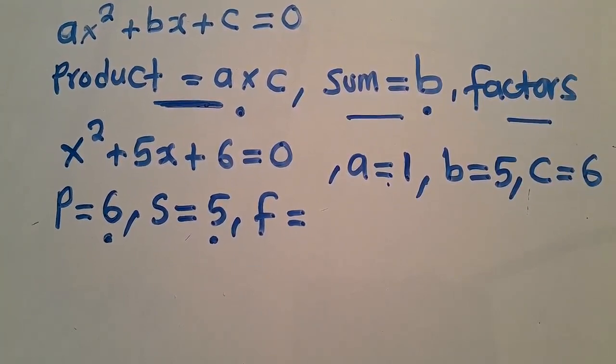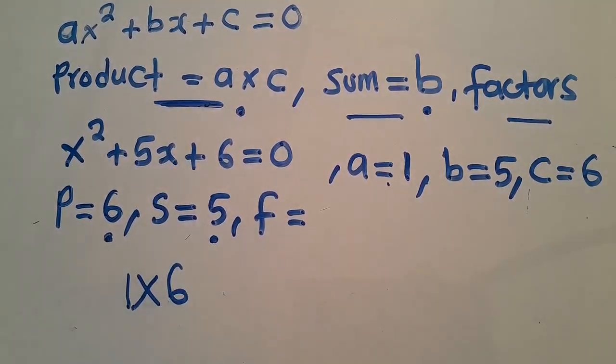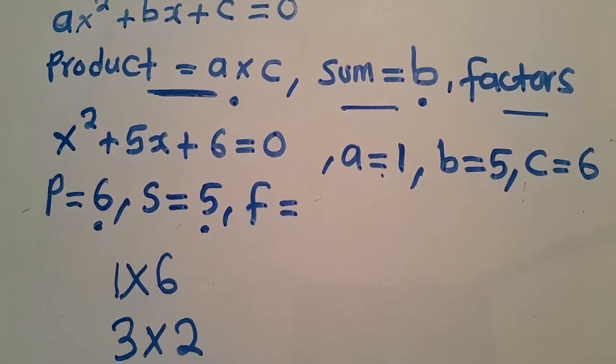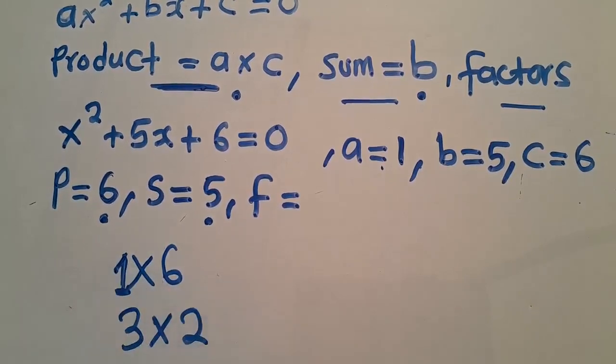When you say 1 times 6, you can get 6. 3 times 2, you can also get 6. There are only these two pairs of numbers that we can multiply to get 6.